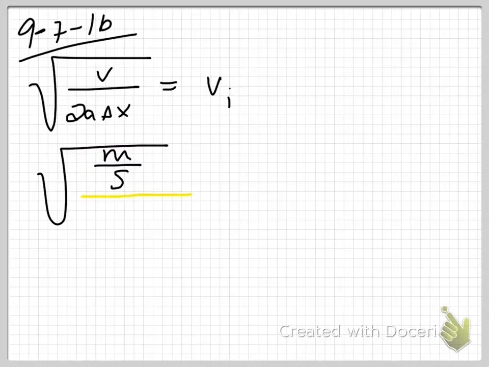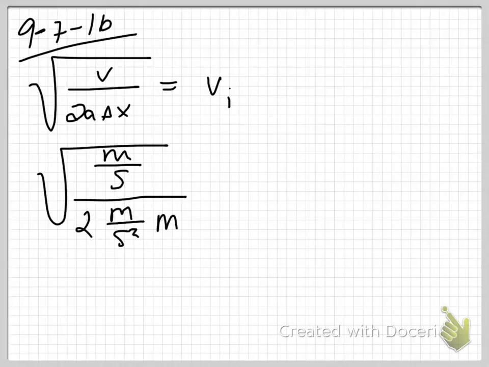So meters per second, let's switch back to black, divided by, well, I've got 2, which we're going to get rid of. Acceleration, what units is acceleration in? Meters per second squared. And then I've got that times delta x, change in position, which is going to be in what?